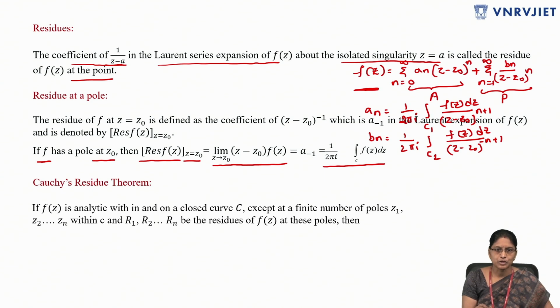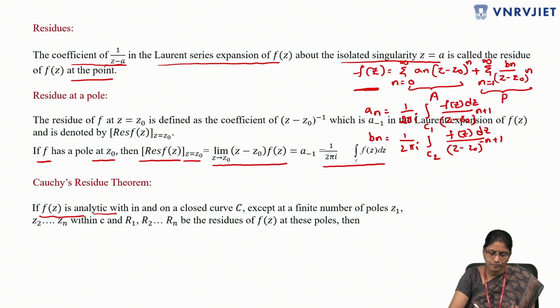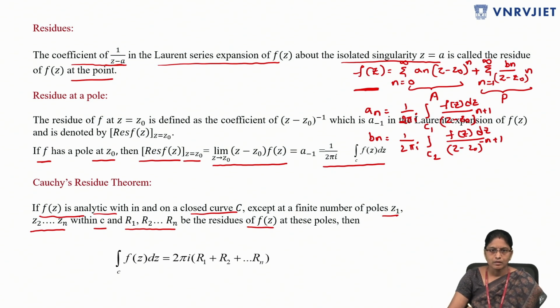Next, Cauchy residue theorem. f of z is an analytic function, C is the closed curve, and z1, z2, z3 up to zn are a finite number of poles within the closed curve C. R1, R2, R3 up to Rn are the residues of the function f of z at these poles.